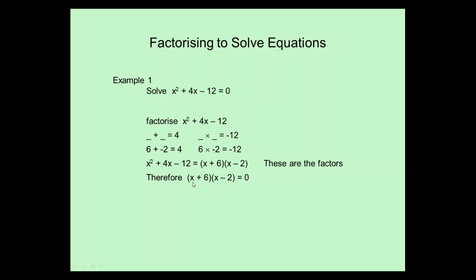And therefore, we can look at either x plus 6 equals 0 or x minus 2 equals 0. And we solve these little things to show that in order for this to work, that must be minus 6 and that must be 2.